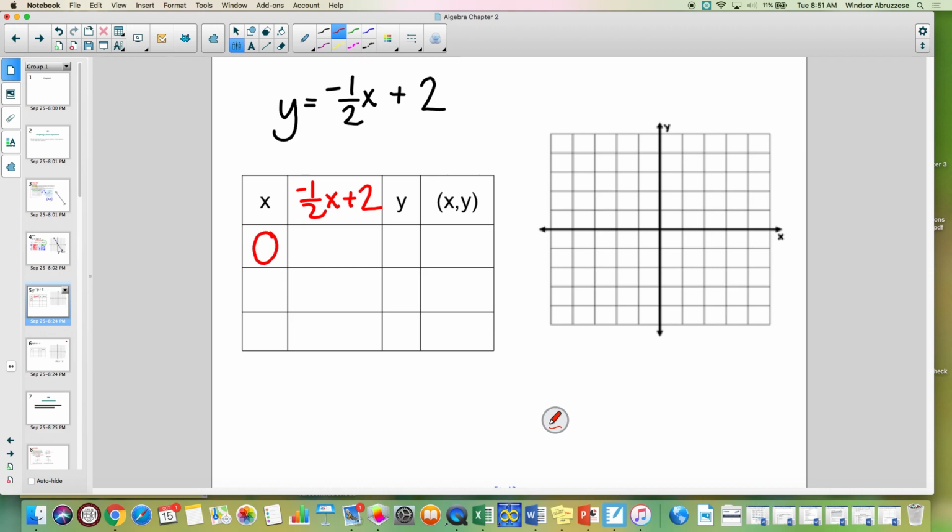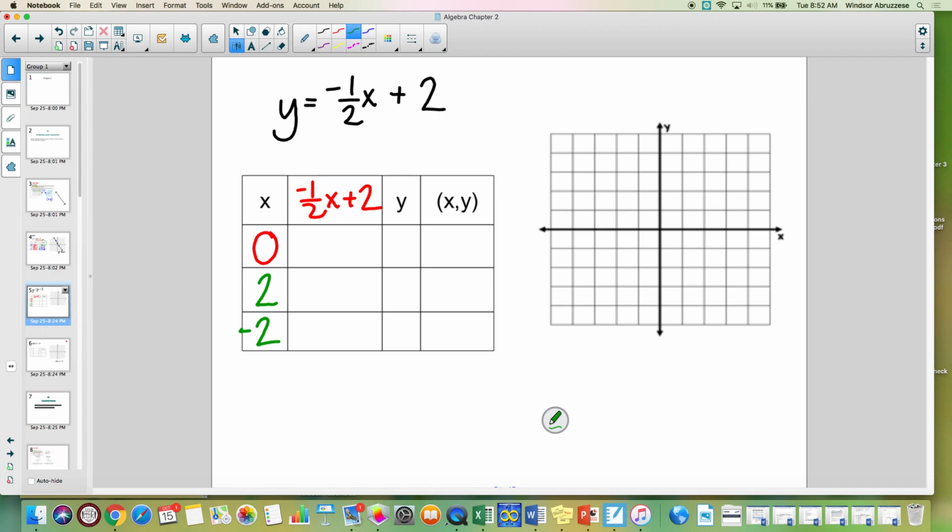Now in this case, do I also want to pick 1? Well, you could put 1 here and substitute that in, but I want to pick a number that's going to help me eliminate that fraction. So instead of 1, let's pick 2. If I pick positive 2, I'm also going to pick negative 2.